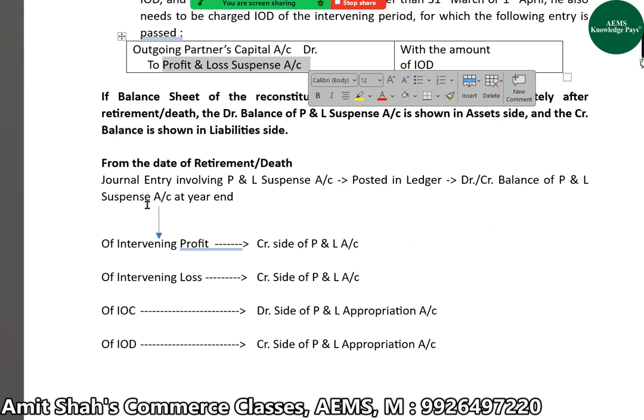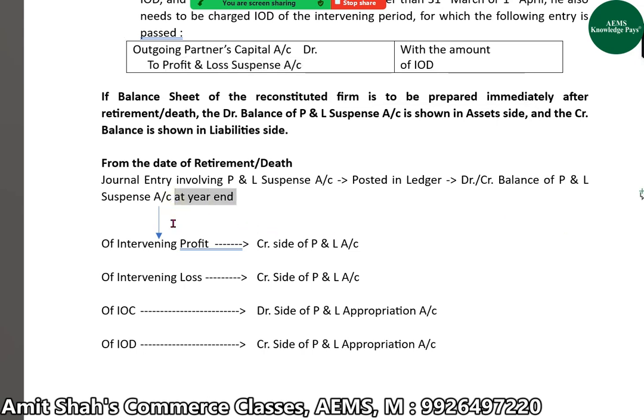Yes, sir. Now at year end, when you prepare the trial balance, you will also take this debit or credit balance of P&L suspense account to your trial balance from the ledger, because in the ledger you have this balance.